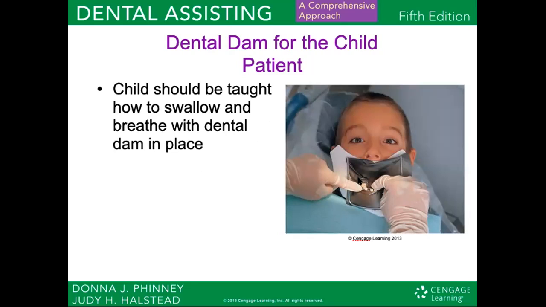You can see where this dental dam clamp is on this child. If you were to push that too hard with his tongue, it can pop off and the whole thing can come off. So just educate your patient, gently instruct the small child on what to do and what not to do. The child will require some proper preparation and teaching regarding what to expect, and how to breathe.